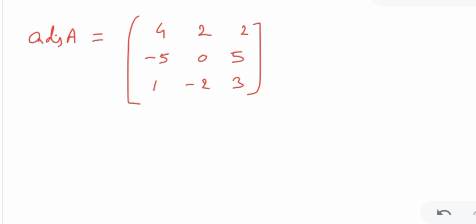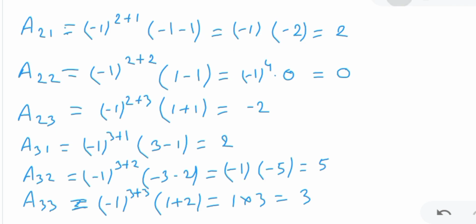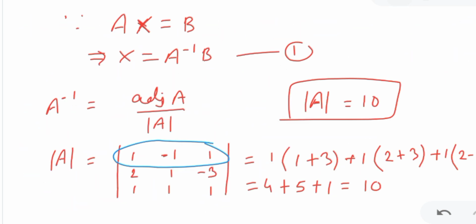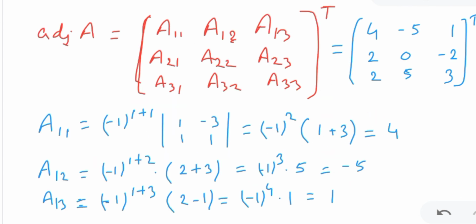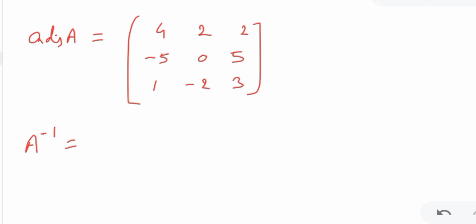Now A inverse. A inverse is nothing but adjoint A divided by determinant A. Determinant A value is 10. So I can write 1 upon 10, because 1 upon determinant of A, and adjoint A, which is 4, 2, 2, minus 5, 0, 5, 1, minus 2, 3.